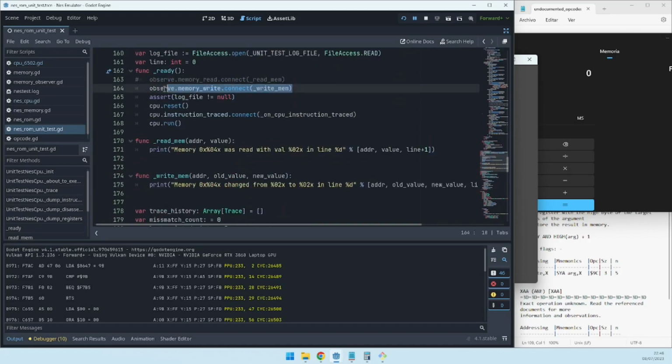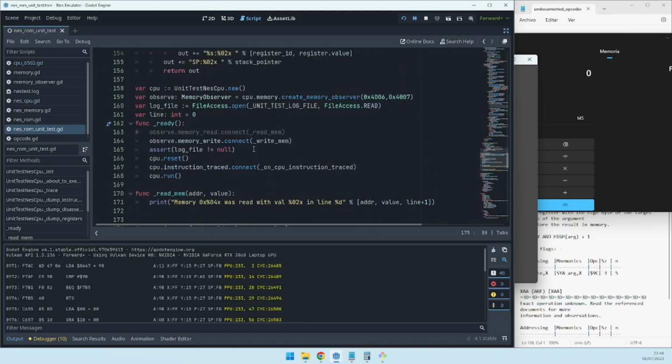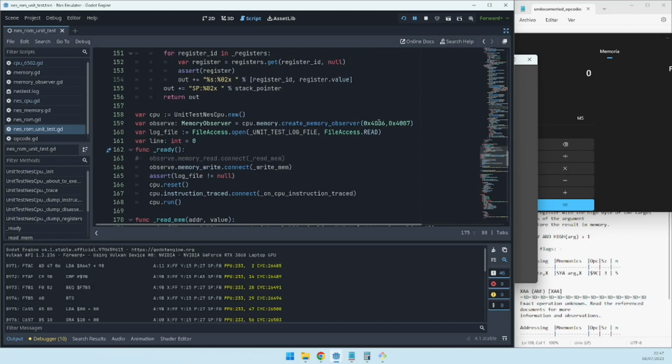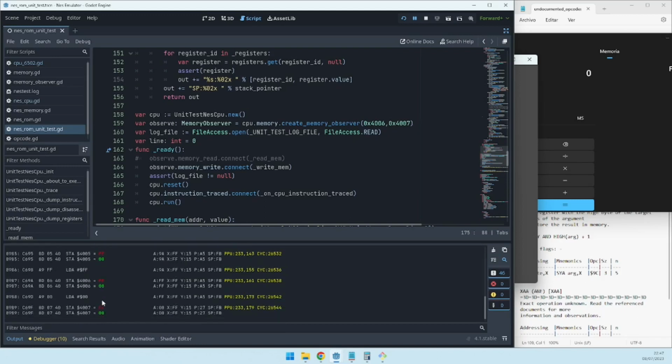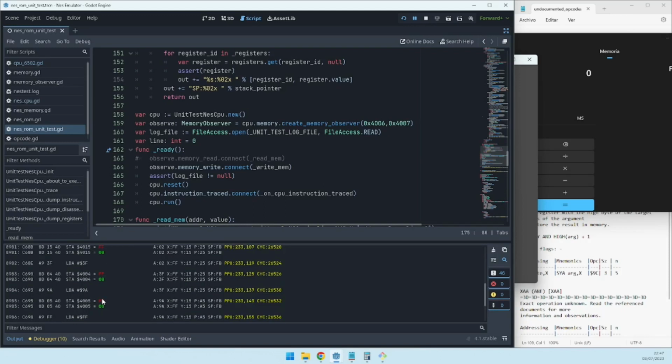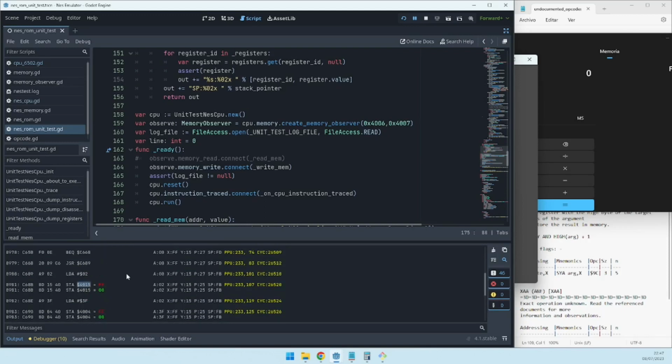I connected to write memory, to write mem, and it should have printed this, but did not. What did I do wrong? Did I mistake the memory? I think not. Let's try this particular one. 4015. 4015.